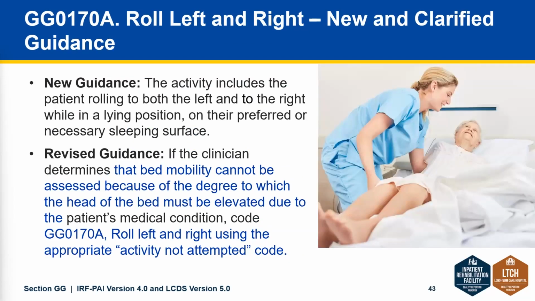Additional language for GG0170A reiterates that if the clinician determines bed mobility cannot be assessed because of the degree to which the head of the bed must be elevated, then the appropriate activity not attempted code would be selected. This may not just be code 88. The assessing clinician would also have to determine if any of the other activity not attempted codes would be appropriate.